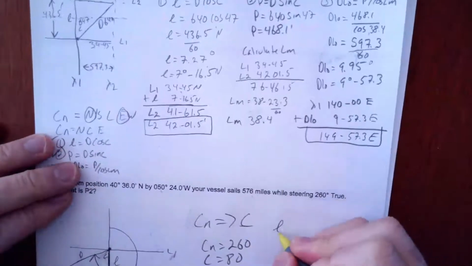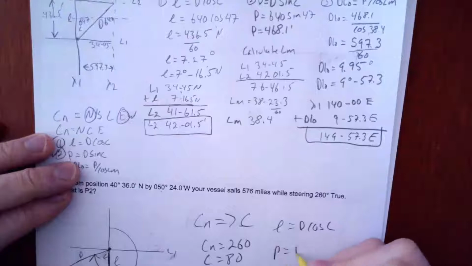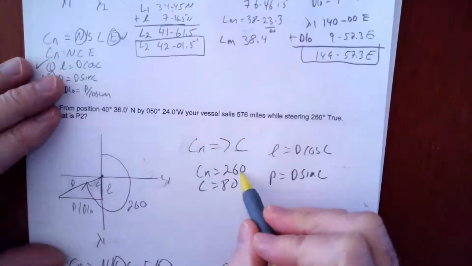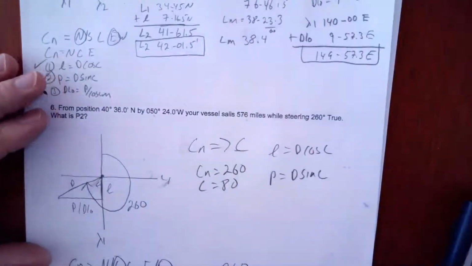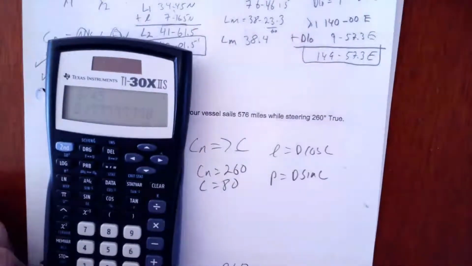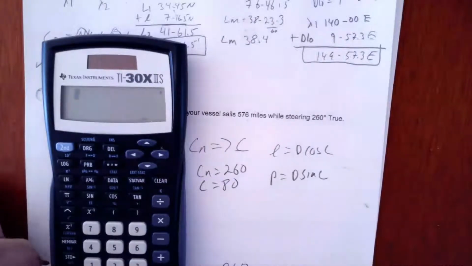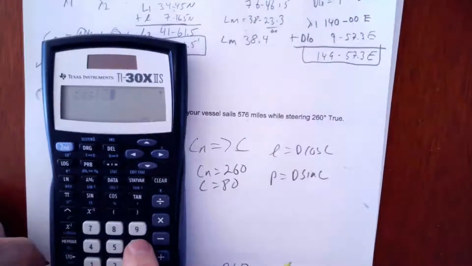So when I go sticking, I'm going to be doing L equals D cosine C and P equals D sine C. Technically, I should not stick 260 in there. I should stick 080 in there. If you stick 260 in there, though, I'll just show you something interesting, okay? Let's check this out.